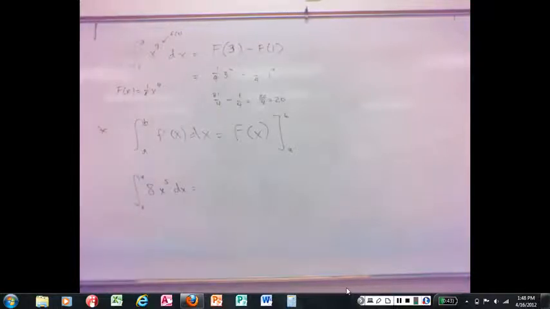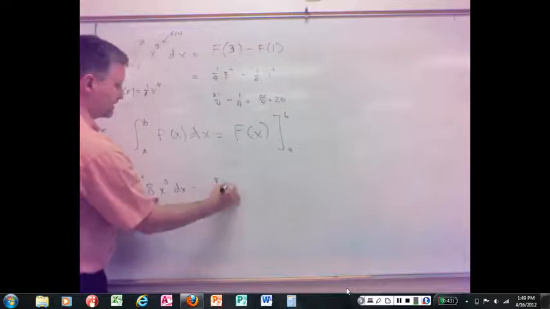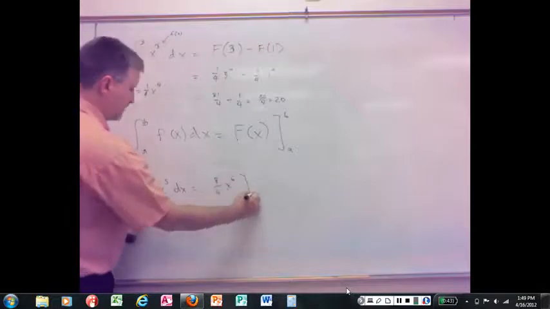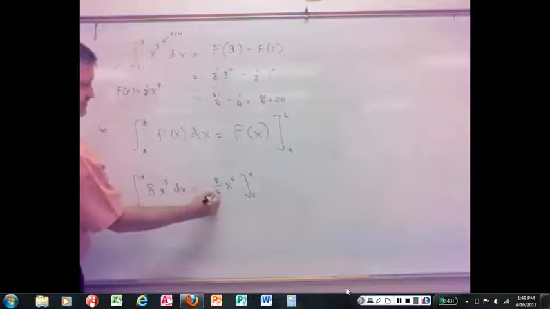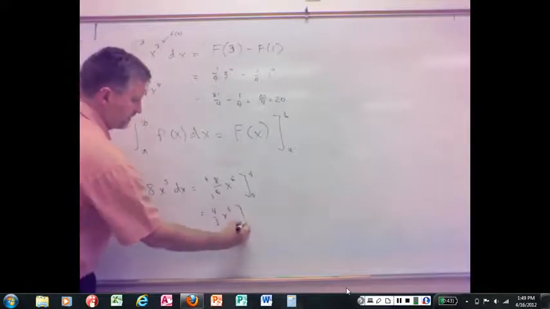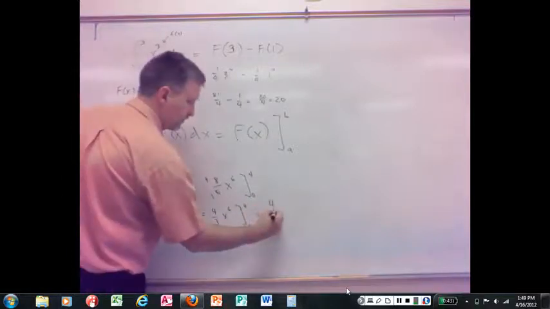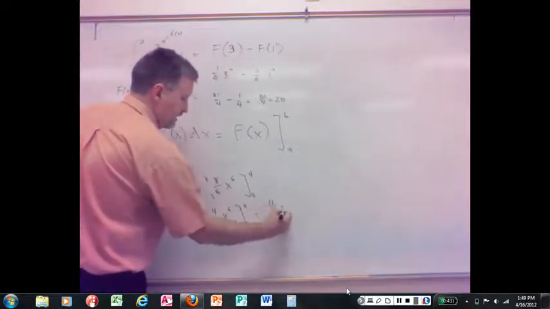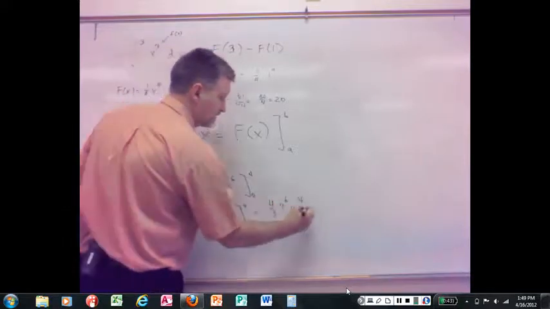Yeah, we know an antiderivative here, this is not going to change anything. I could still just do the antiderivative. It would be 8 over 6 x to the 6 as the antiderivative, evaluated from 0 to 4. That reduces to 4/3 x to the 6 evaluated from 0 to 4. Of course, what that means is I'd have 4/3 of 4 to the 6th minus 4/3 times 0 to the 6th.